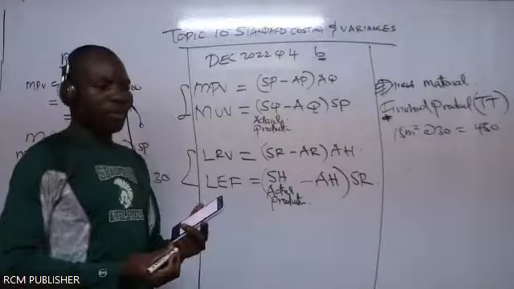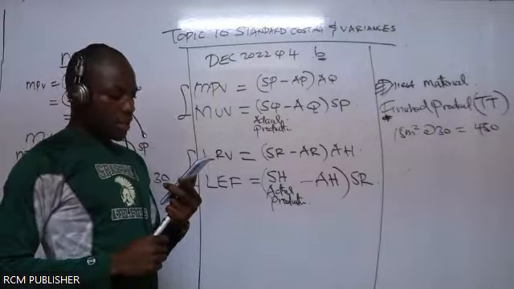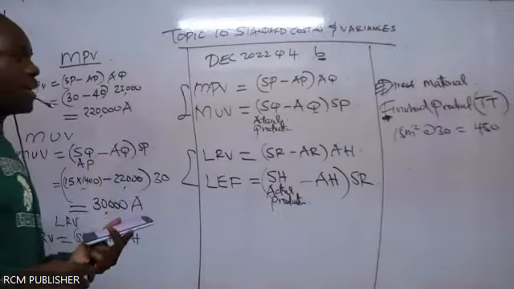What actual rate have we been given for the direct labor? Why not 100?